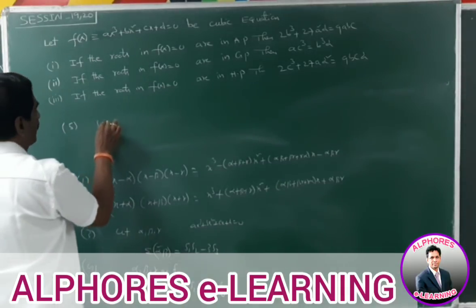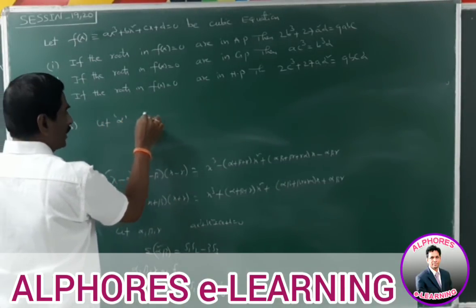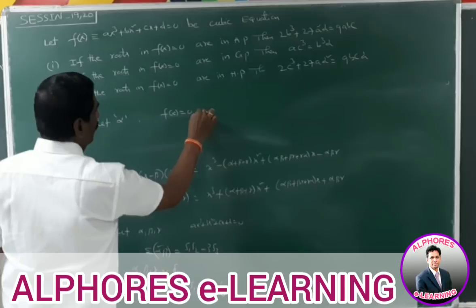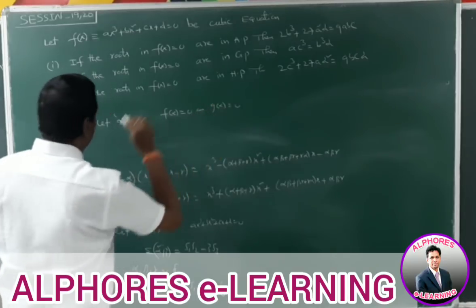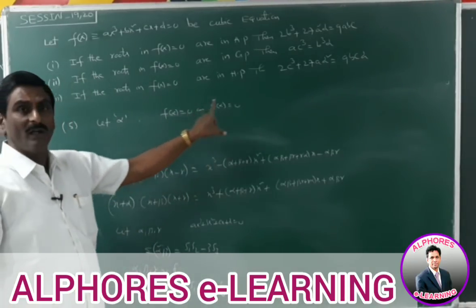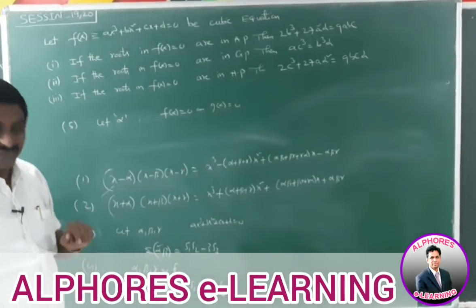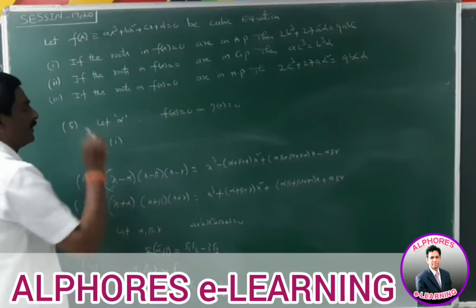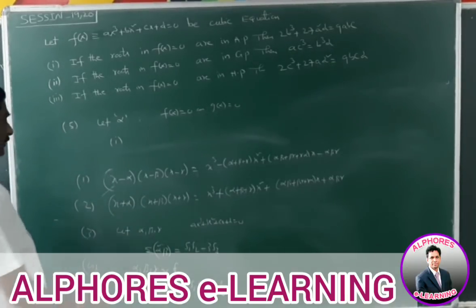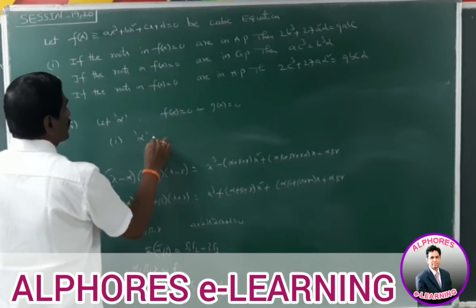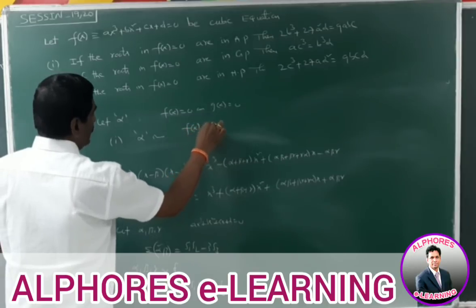Next, fifth one, let alpha be a common root for both of the equations f of x is equal to 0 and g of x is equal to 0. That means f of alpha is equal to 0, g of alpha is equal to 0. It is the common root for both of the polynomial equations. Then it holds the following conditions. First one, alpha is also a root of f of x plus g of x.